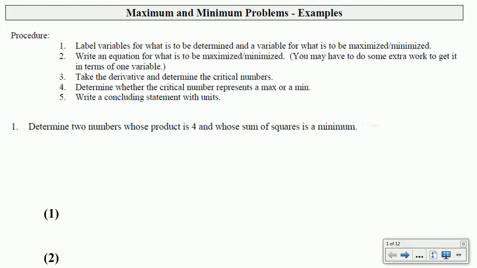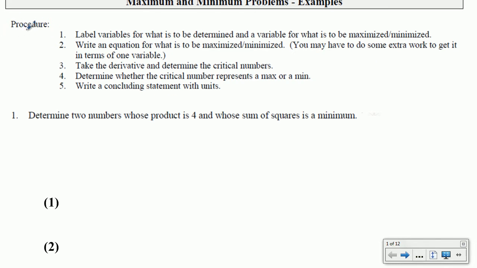So let's get started. The first thing, general procedure with these questions. It is a good idea to first label variables for what is to be determined and a variable for what is to be maximized or minimized. Second, you should write an equation for what is to be maximized or minimized, and this may require some extra work to get it in terms of one variable.